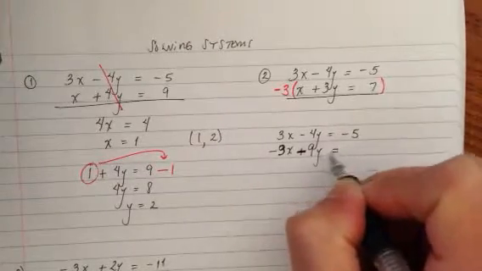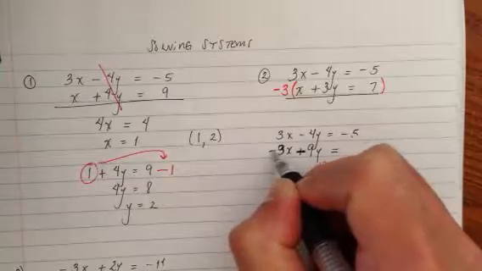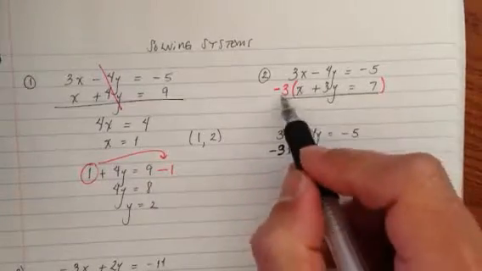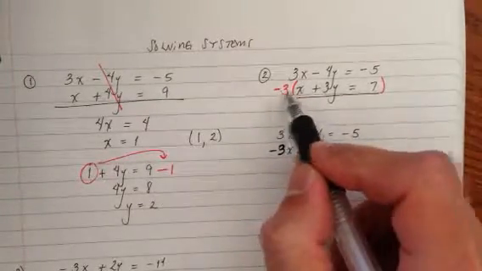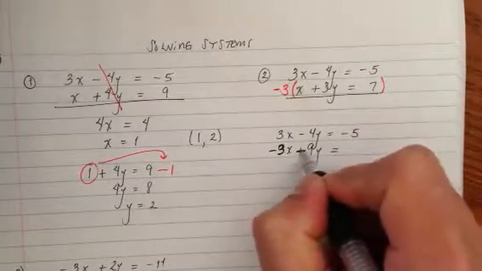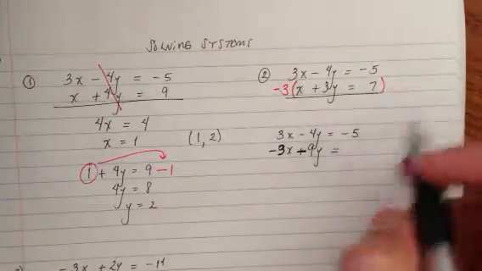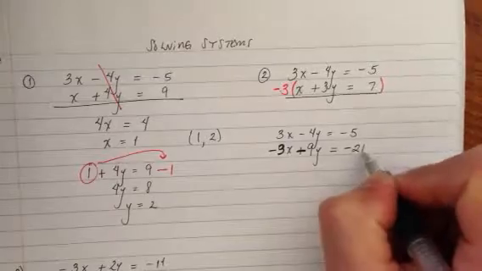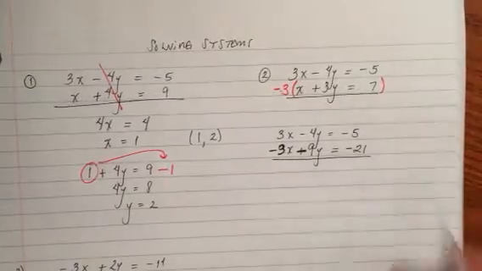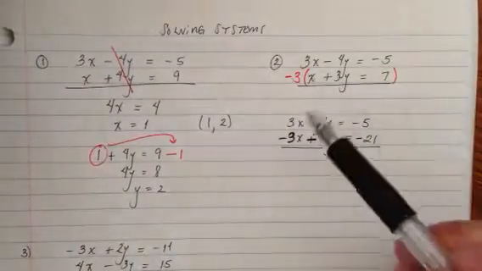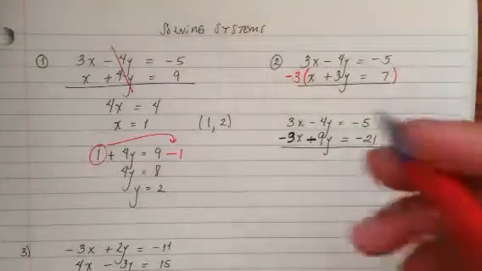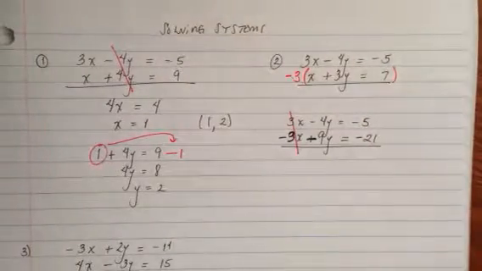I'm going too fast here. Okay, so we have negative 3x. Negative 3 times positive 3 is a negative 9y. And then negative 3 times 7 is a negative 21. Okay? Alright, so if you notice, the 3x minus 3x, that's going to simplify out.